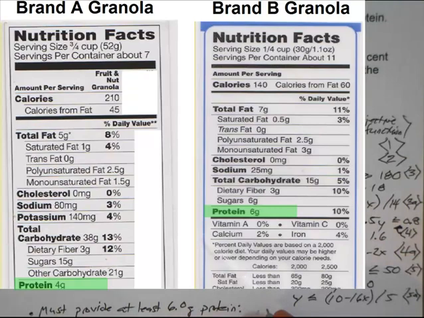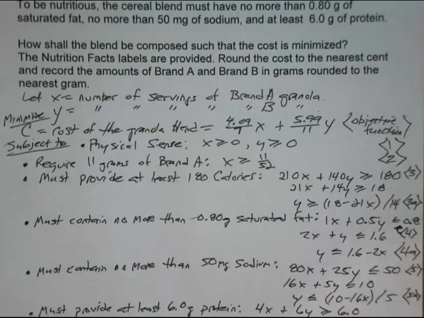4 grams on 1 serving of brand A has us saying 4 times x plus the brand B at 6 grams for 1 serving, 6 times y for total contribution. And now we have to make sure this is at least 6 grams, so we need here to say greater than or equal to 6.0. Looks like we should solve for y. Maybe divide both sides by 2 and then solve for y.